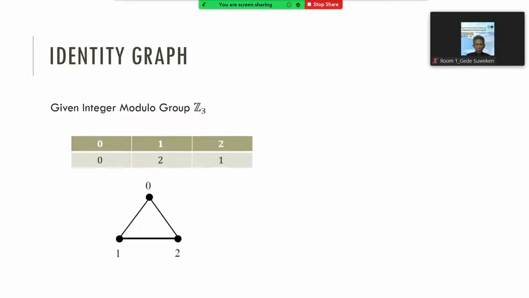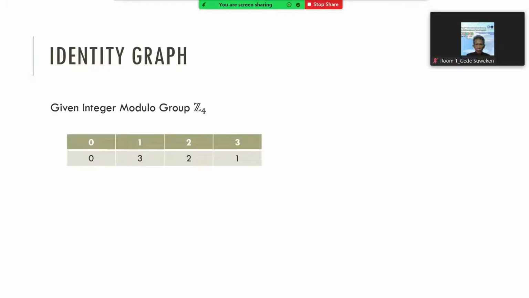I will give you the second example. If we have Z4, 1 has inverse 3 and 3 also has inverse 1. And the inverse of 2 is 2 itself. Then we have this graph.